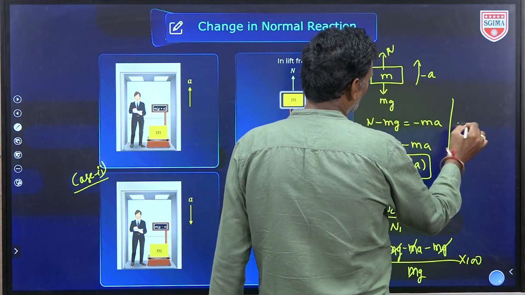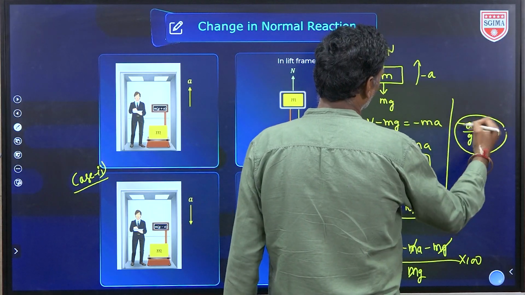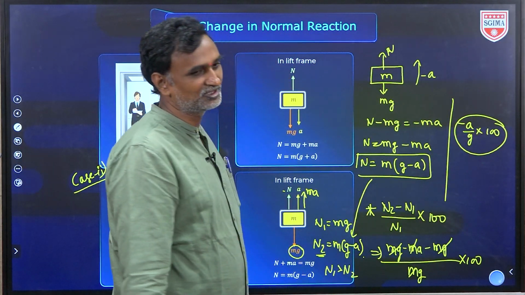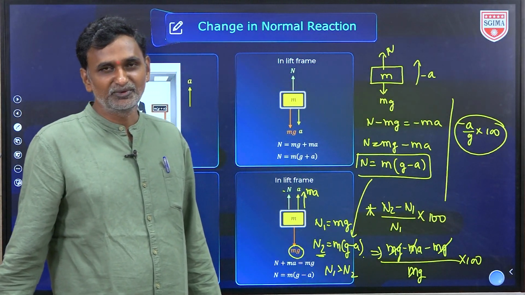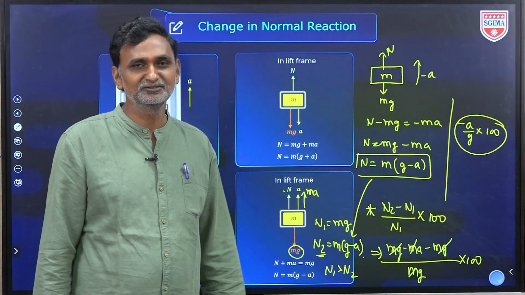So finally, minus a by g into 100. We got here a minus, which indicates that the normal reaction or apparent weight in this case decreases as compared to whenever it is at rest.